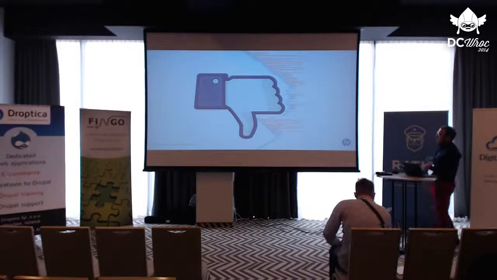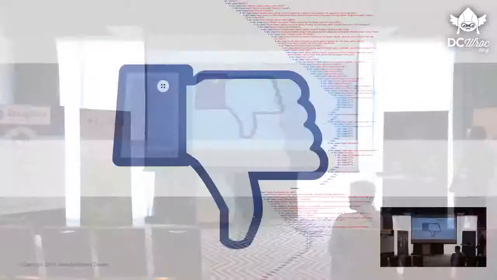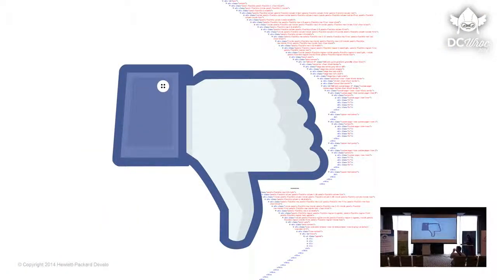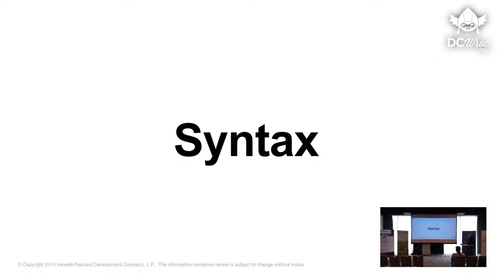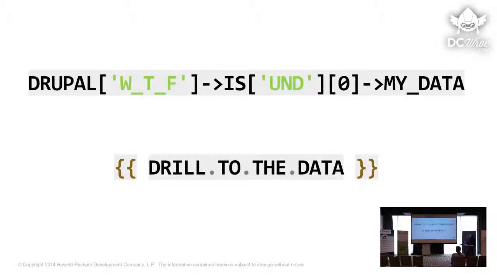So yeah, Drupal 7 is really a nightmare for front-end developers when you are looking at the div structure. So why will Drupal 8 use Twig? Let's tell it. The first thing is syntax. In Drupal 7, we have this: where is my data?